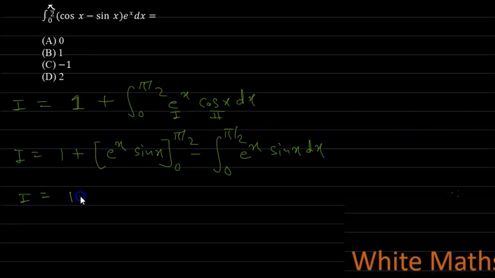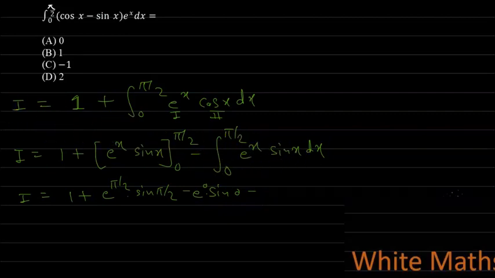I is equal to 1 plus, we will get e to the power pi by 2 sin pi by 2 minus e to the power 0 sin 0, minus this thing completely.